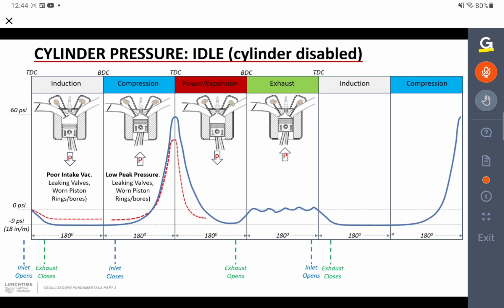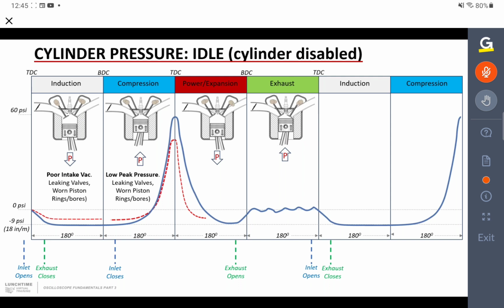In other words, we're not pulling such a strong vacuum, we're not lowering the pressure as much as we expect to see. And that is due usually to a poor intake vacuum, and that can be leaking valves, it can be a worn piston, rings and bores, effectively anything that's stopping that cylinder from sealing properly. So leaking valves, pistons, rings, bore wear, anything like that, and it will stop the vacuum going as low as we want it to go.